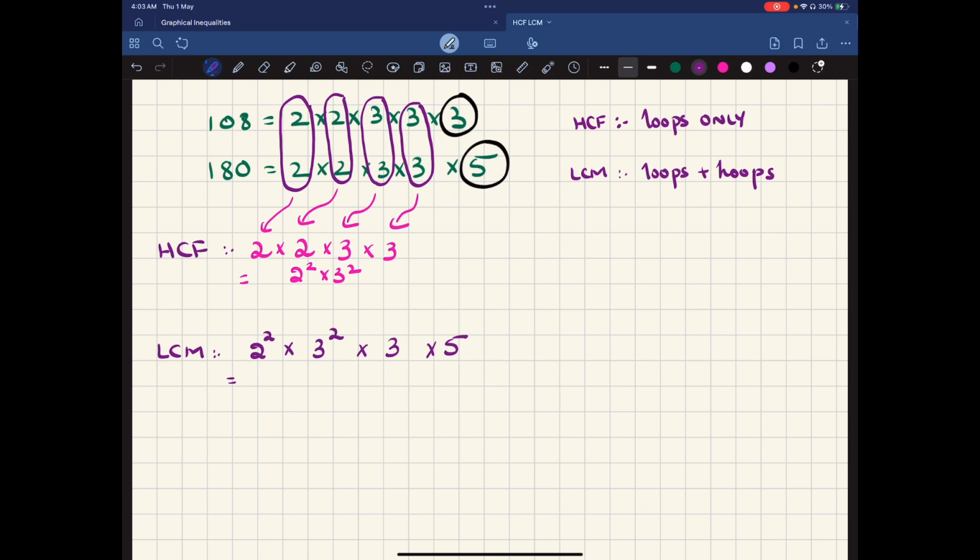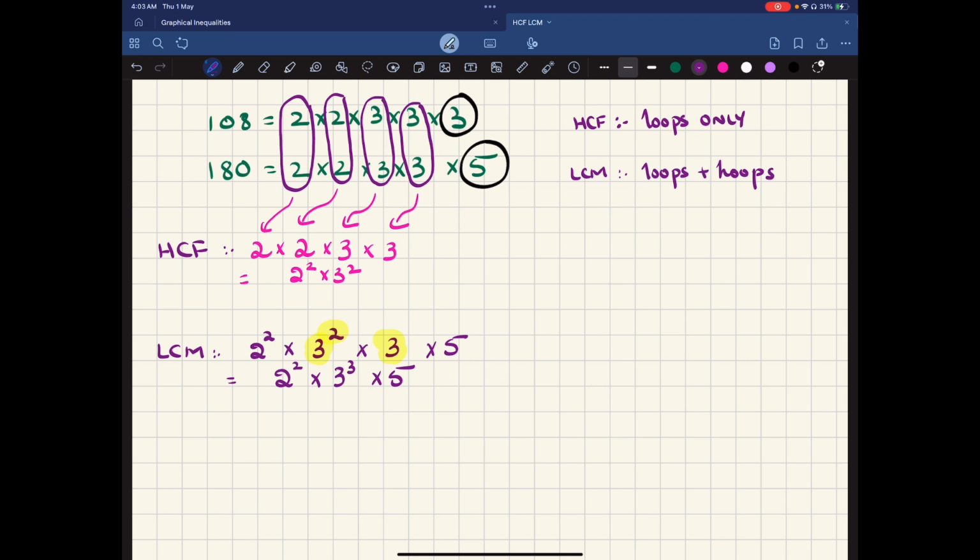So what is our LCM going to be? 2 square into, because we have another 3, we're going to add 1 to the power, 3 cubed into 5. Okay, so this is also a 2-mark question. It was a 4-mark question, a very easy 4-mark question to score.